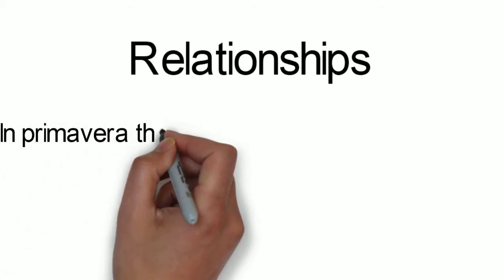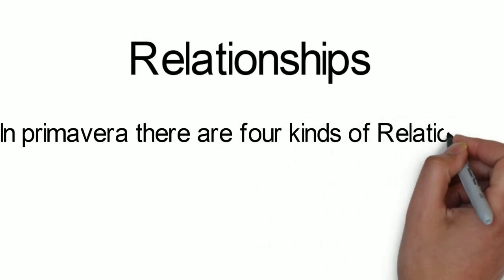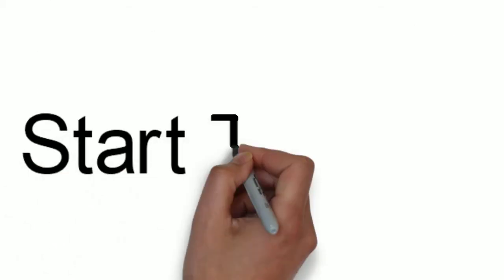Relationships. In Primavera, there are four kinds of relationship. First one is start to start.